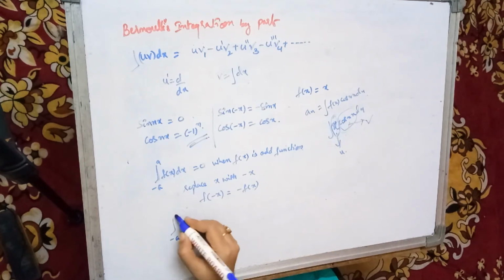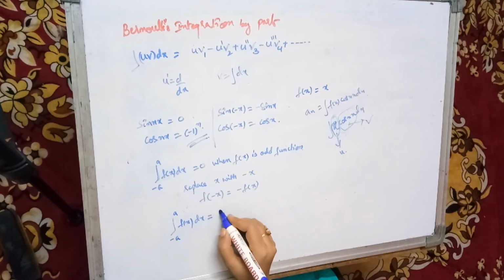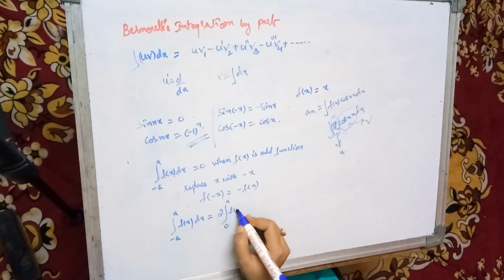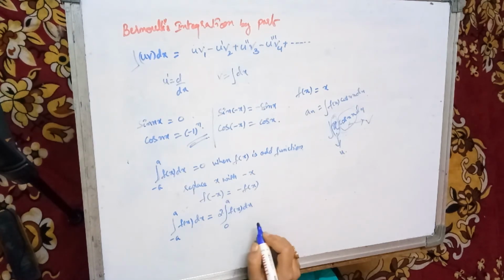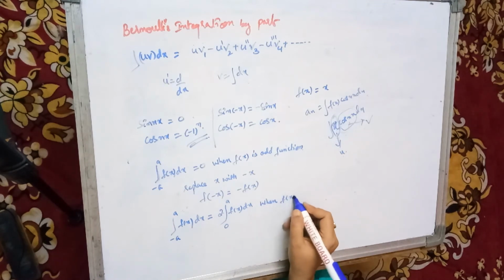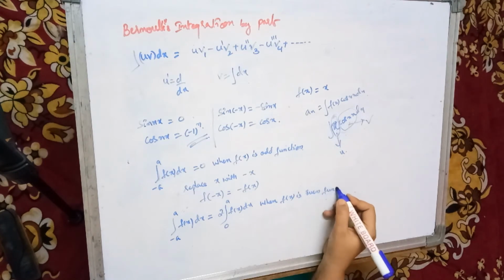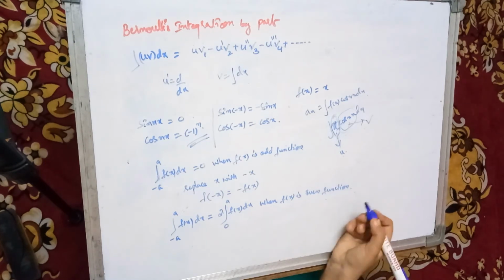From minus a to a, f of x into dx, you can write it as 2 into the integral from 0 to a of f of x into dx, when f of x is an even function.